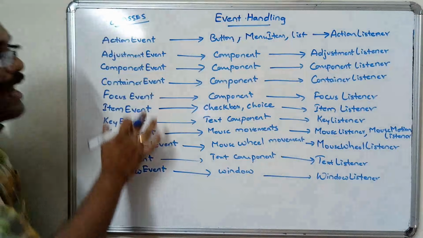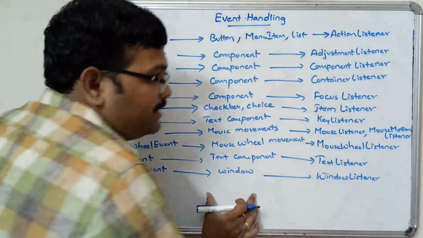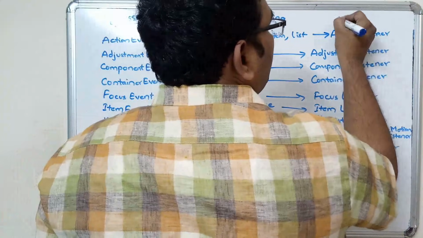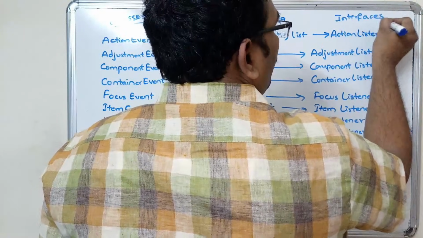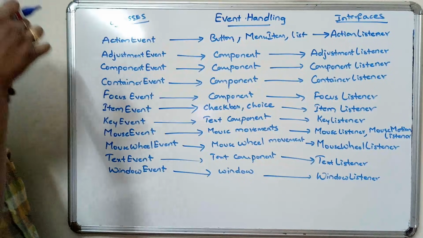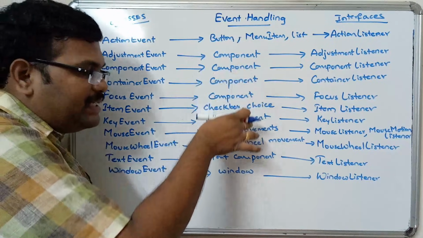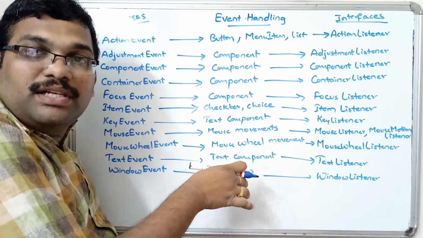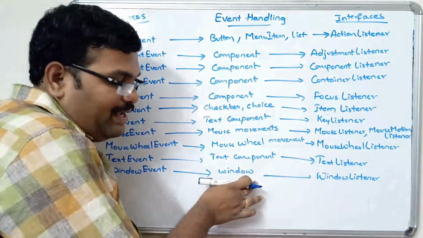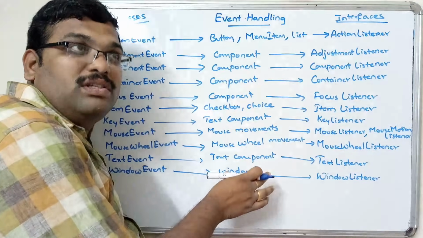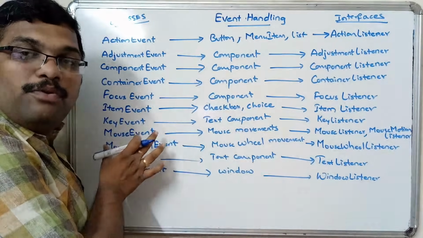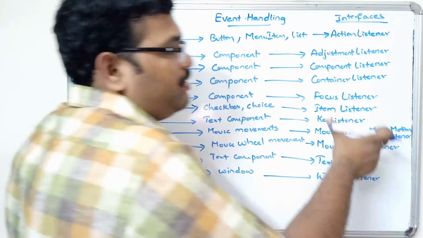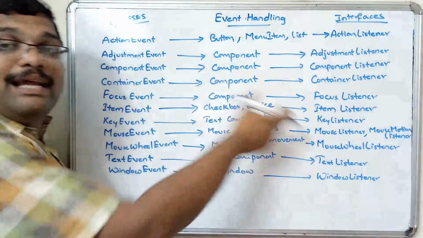So these are all the classes, these are all the events, these are all the interfaces, right? So don't get confused. These are the events generated from the event sources, and once the events are generated, those events are handled with the help of the corresponding class and the interface.